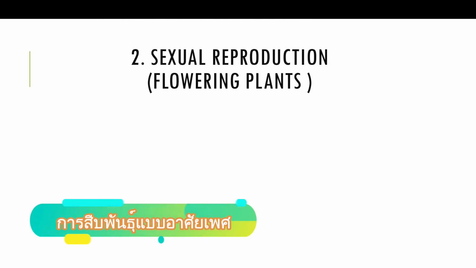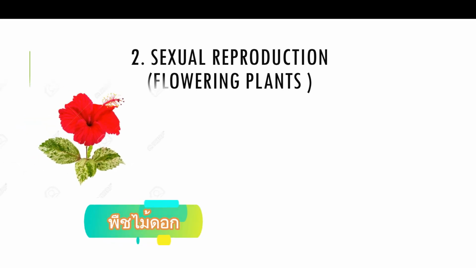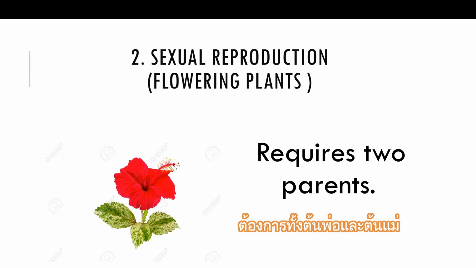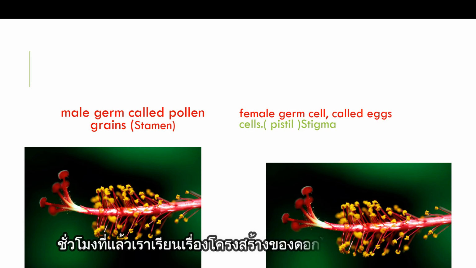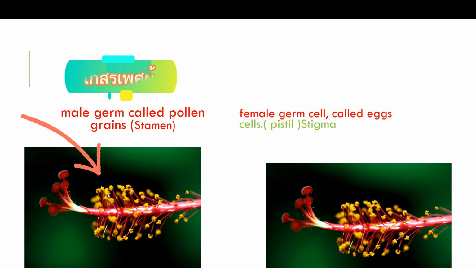Number 2, we have sexual reproduction, or flowering plants. Sexual reproduction plants are plants that have flowers, like this Chinese rose. Chinese rose requires 2 parents. Last time we talked about the parts of the flower. In here we have the stamen, or the male part, with the pollen grain; on top of it is the anther, and the filament.